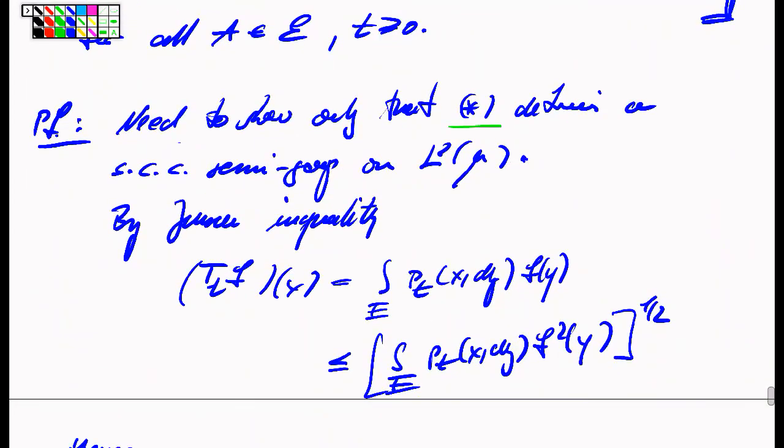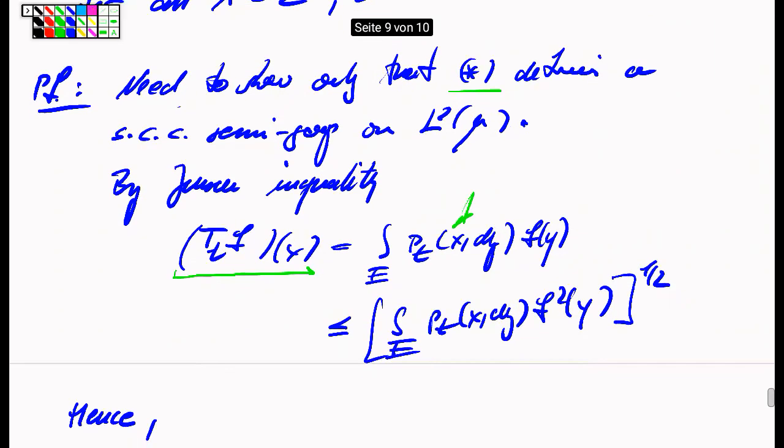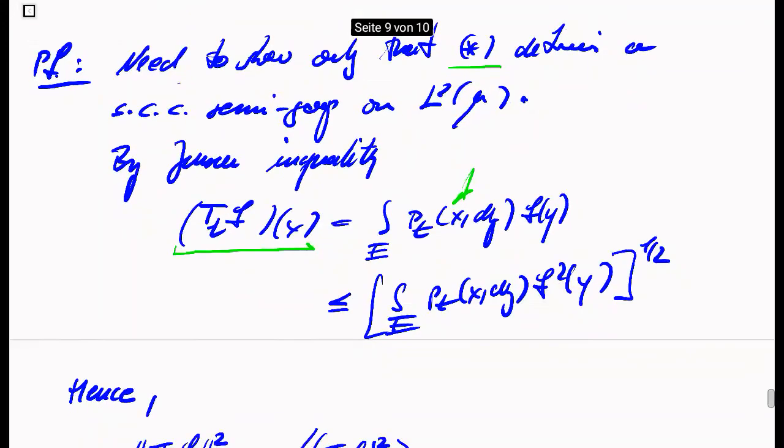Okay, so the important tool that we shall use is Jensen's inequality. Namely, if we have this operator T_t acting on f, evaluating at position x, and here I shall assume that the kernel is Markovian or really conservative. The argument for a sub-Markovian kernel is essentially the same. So this is again writing out the operation of the operator T_t acting on the function f. And this is an averaging procedure.